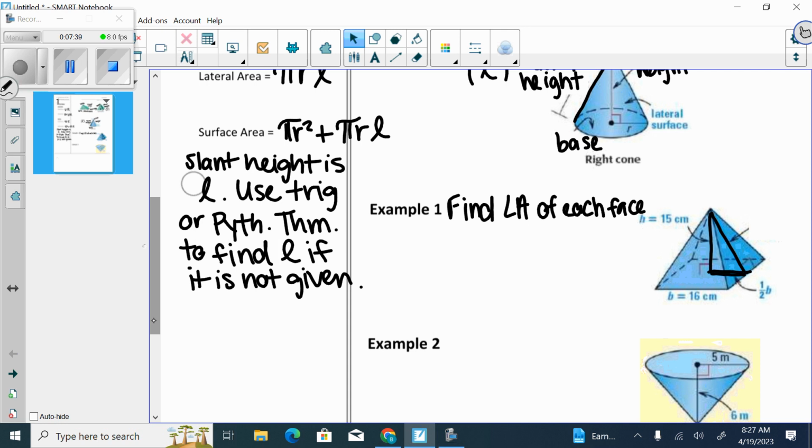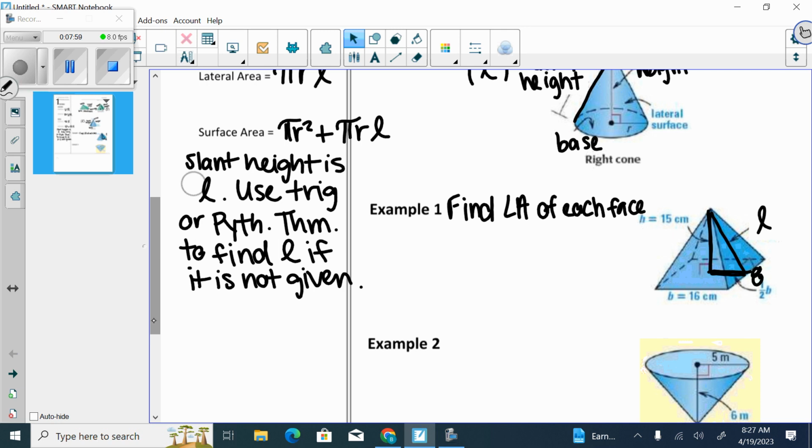8, right? Because our base is a square, it should be half, because it goes halfway in to our pyramid. So this should have a length of 8. If I know that this piece is 15 and this piece is 8, what could we do to find our slant height L over here? Pythagorean theorem, good.